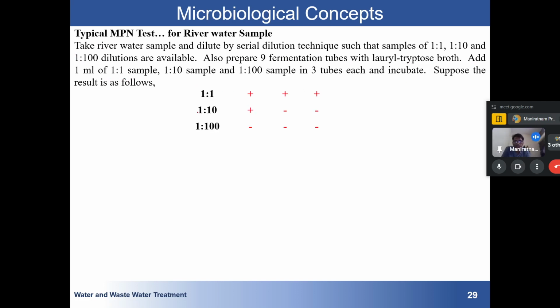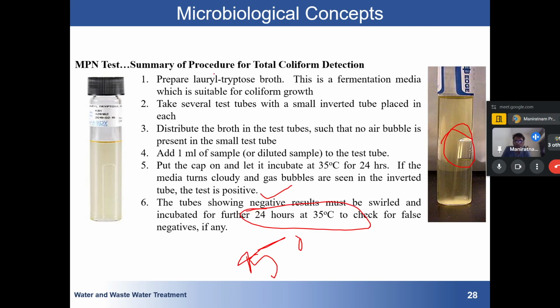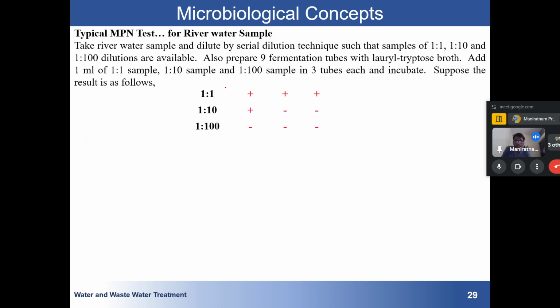Now you follow this procedure. We do the experiment in triplicate, or we take five replicas. Okay, so for the same sample, the first dilution was 1:1, then 1:10, and then 1:100.